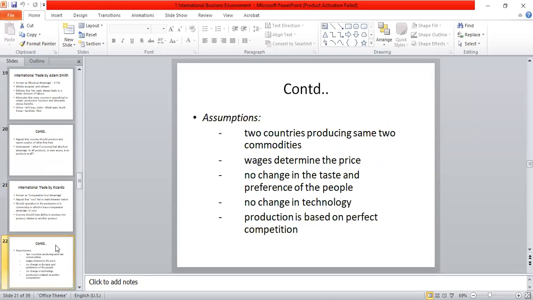Let's continue this Ricardo theory. Ricardo has some assumptions, and on these assumptions he developed this theory. Assumption number one: two countries producing the same two commodities. Continuing the example of the sugar factory, India as well as Pakistan, both countries produce sugar.